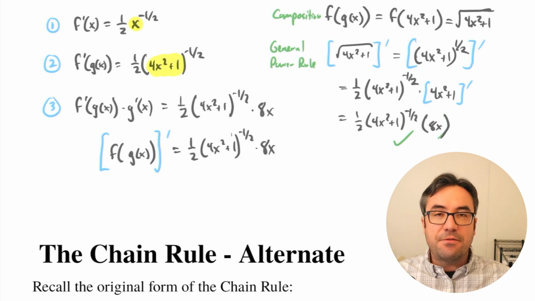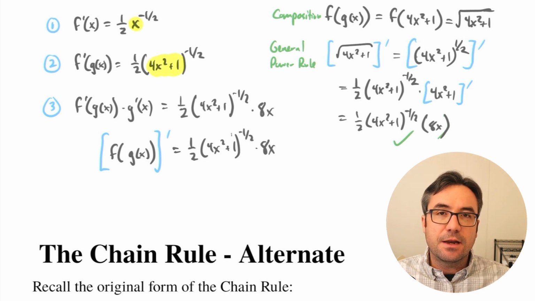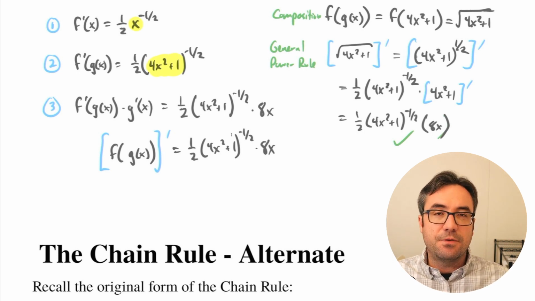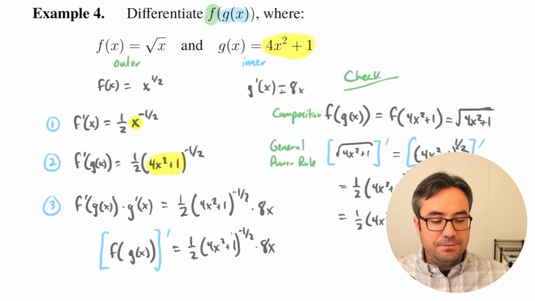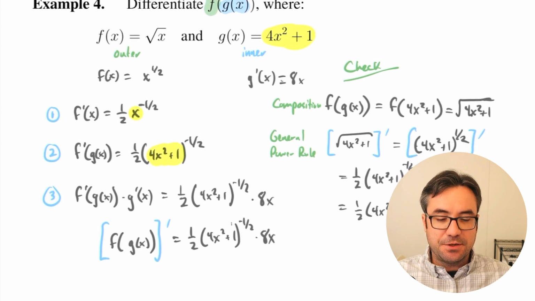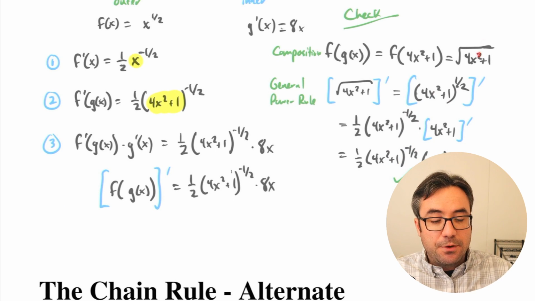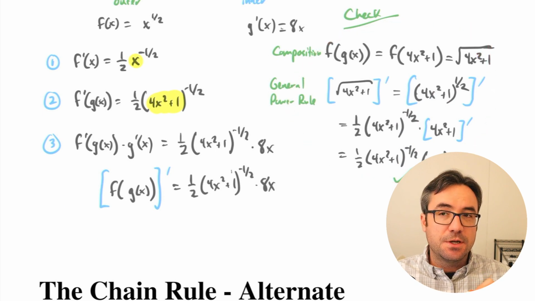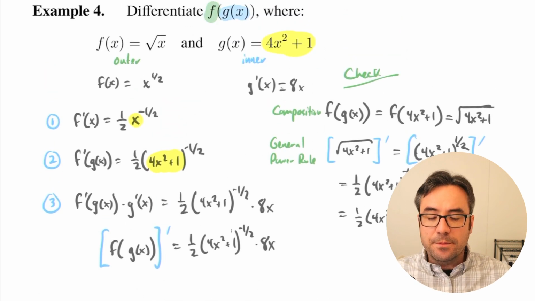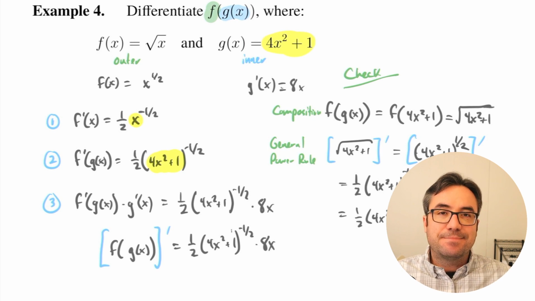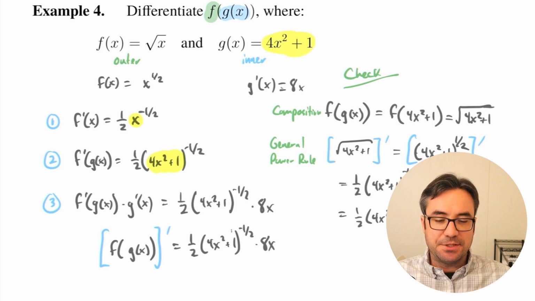So having the general framework is going to be helpful, and having that understanding of identifying the inner function and the outer function is going to be helpful. Generally we'll differentiate these types of functions with the general power rules, but we just want to see that there's an underlying formula that tells us how to differentiate these composite functions.